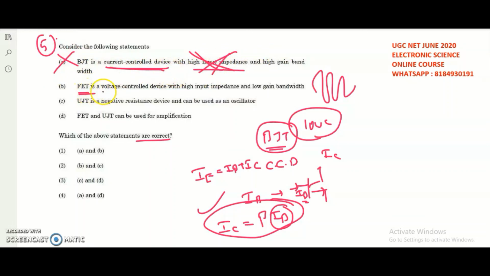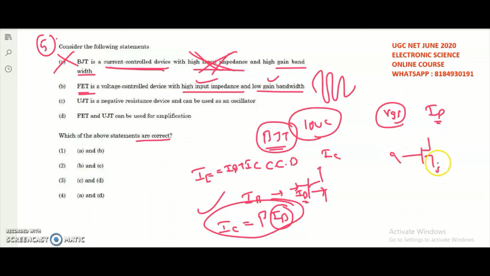And coming to the FET, of course, high gain bandwidth depends upon the circuit and the capacitors we are connecting. And option B, a FET is a voltage control device, exactly, because based upon the gate to source voltage, the drain current will vary. So obviously the FET is a voltage control device with high input impedance and low gain bandwidth. Why high input impedance?